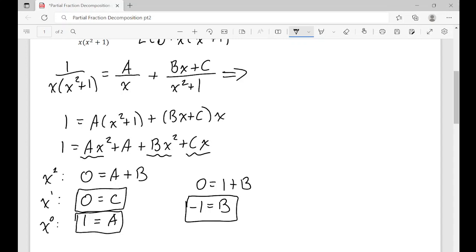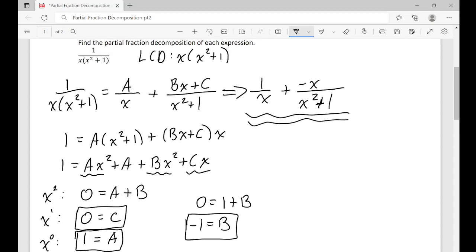So I'm going to get 1 over x plus negative x over x squared plus 1. Because plus 0, no real need to write it in, so I can just write it as negative x. And here is my partial fraction decomposition for the original expression.